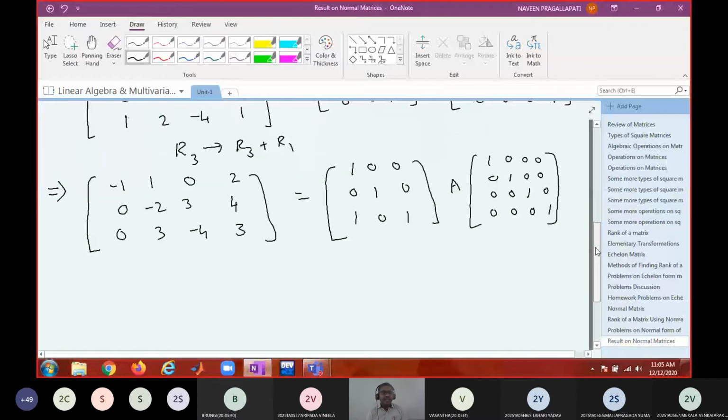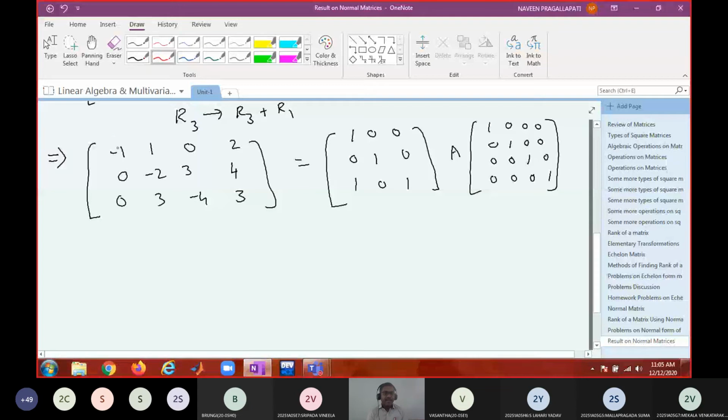Now what is the next set of operations? Column operations: C2 replaced by C2 plus C1, and C4 replaced by C4 plus 2C1.